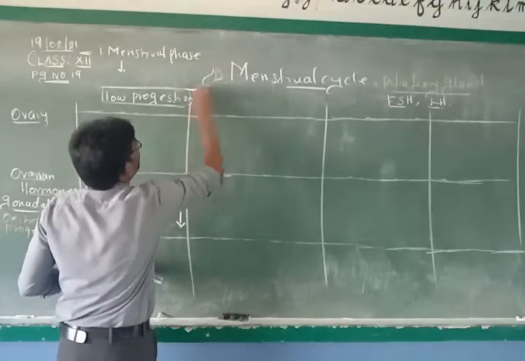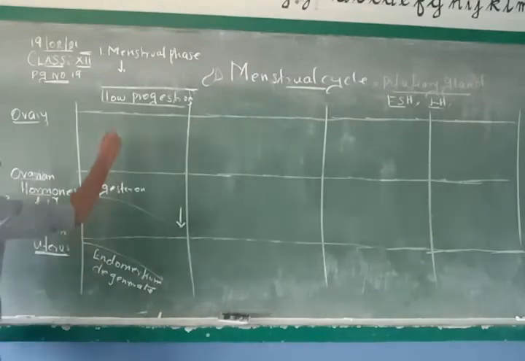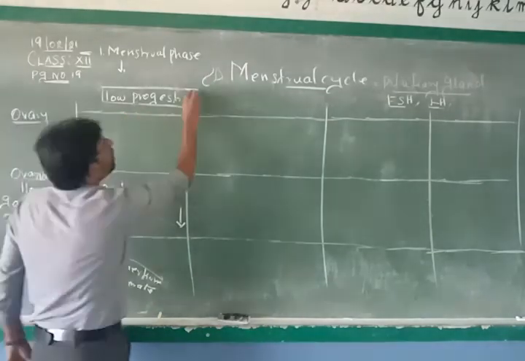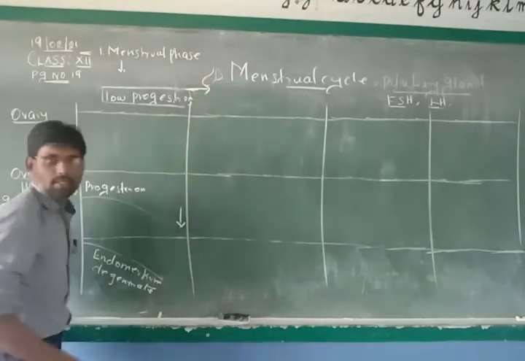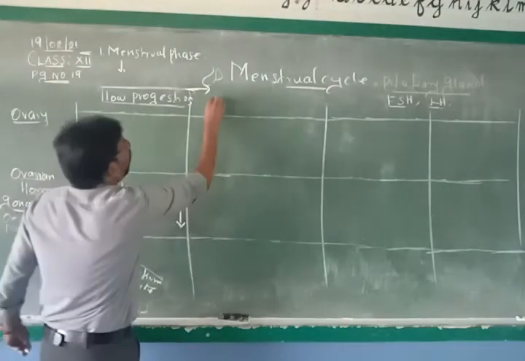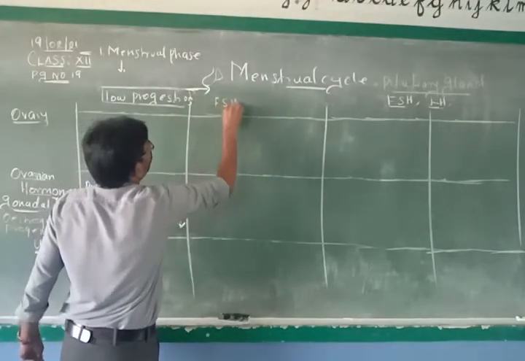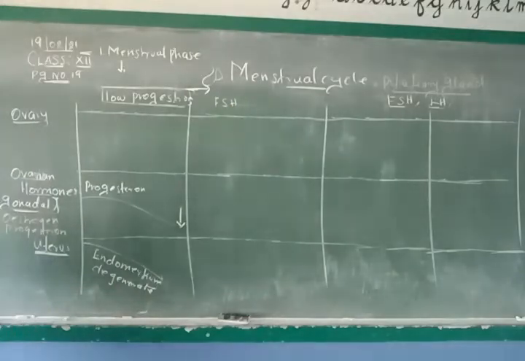This is the structure of the pituitary. The low level of progesterone will stimulate this pituitary gland to produce a hormone called FSH. What is FSH? Follicle stimulating hormone.